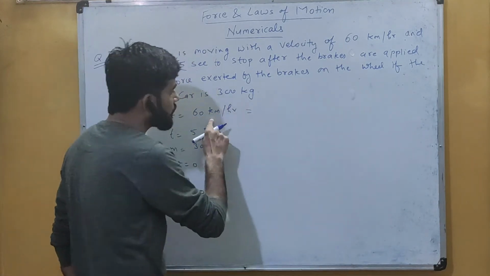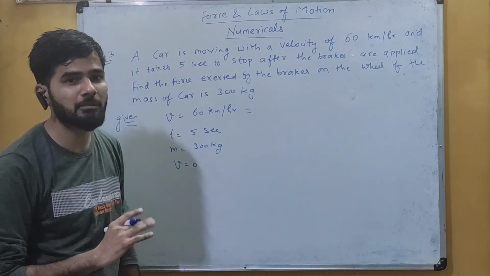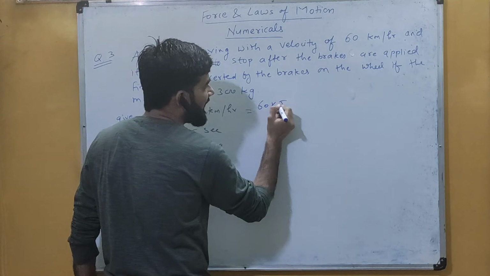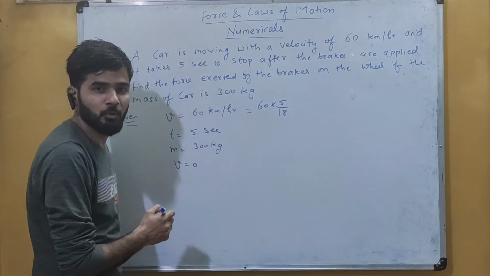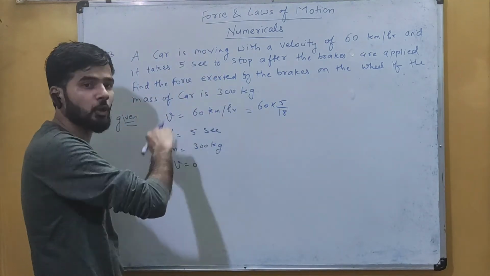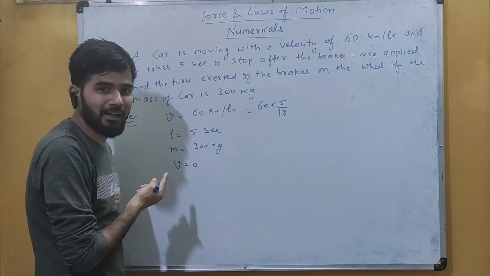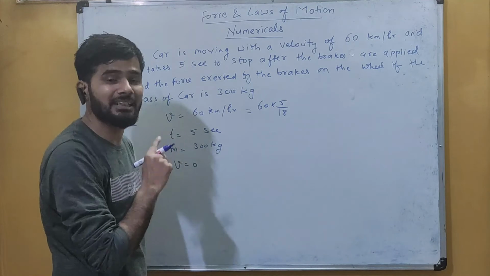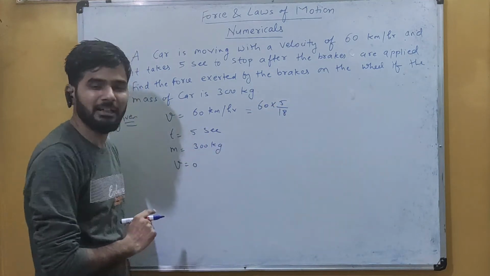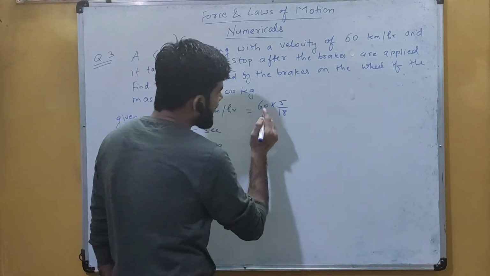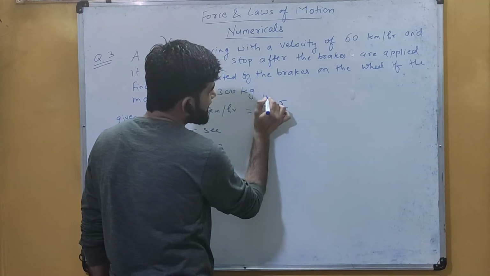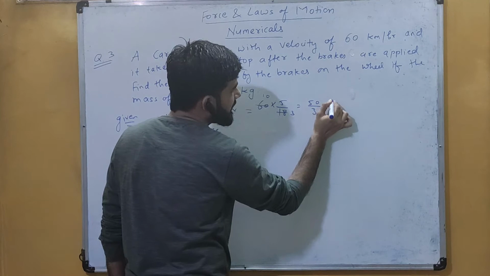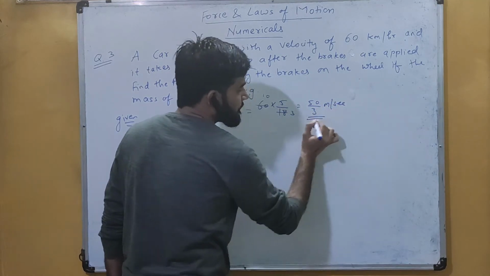Whenever you have to change kilometer per hour into meter per second, you can simply multiply it by 5 by 18. Or simply you can convert kilometer into meter by multiplying by 1000 and convert hour into second by dividing by 60 into 60, or simply multiply it by 5 by 18. Here we have 6 1s are 6, 6 3s are 18. So it is 50 by 3 meter per second.